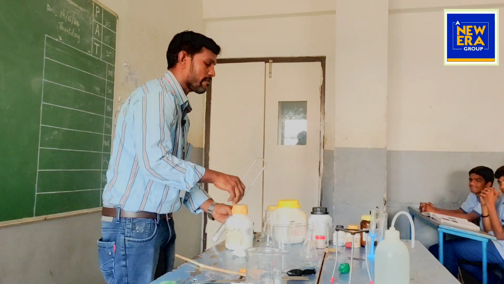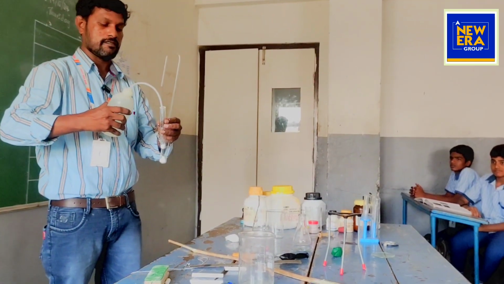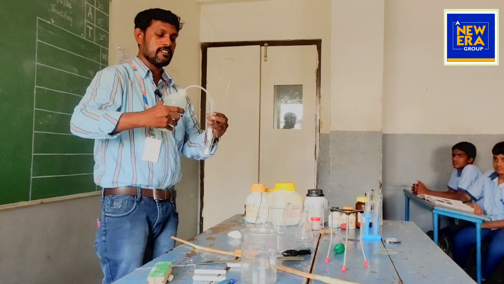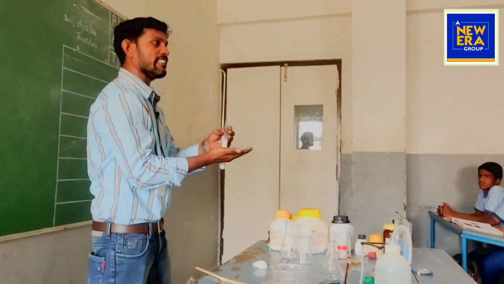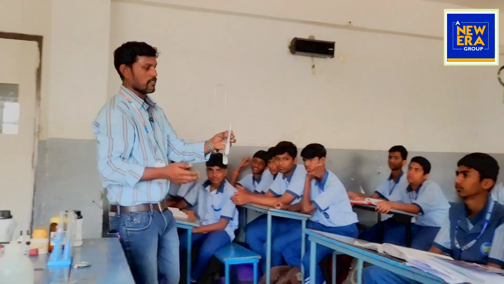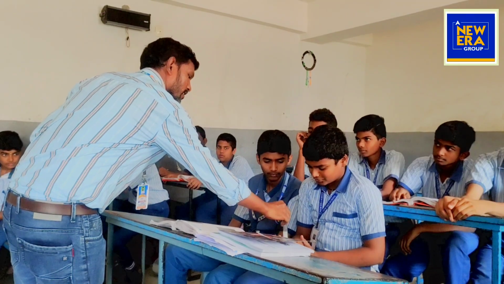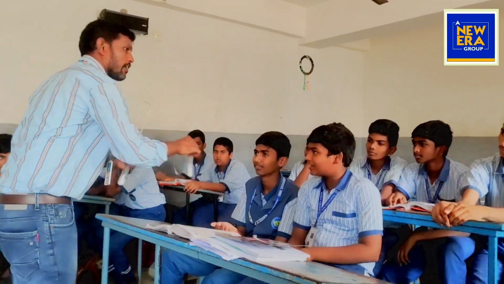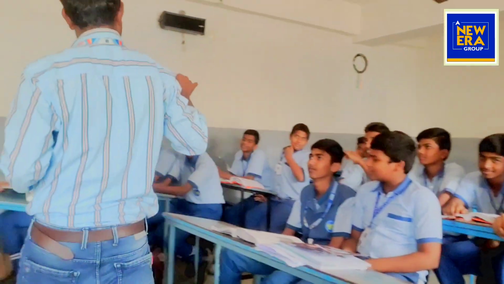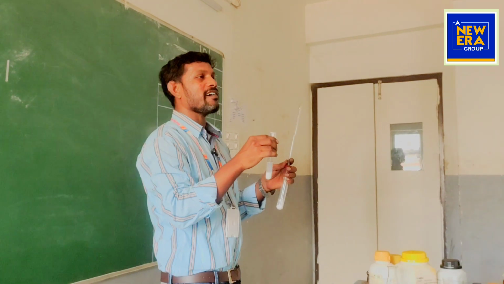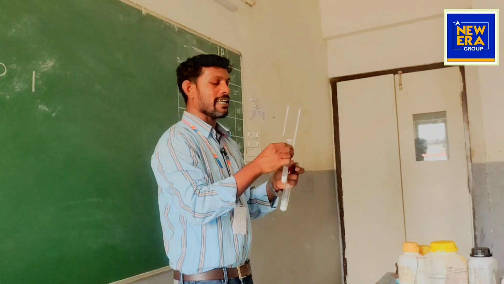Calcium oxide means quicklime. Quicklime dissolves in water. What is that reaction? Do you know that? It is an exothermic reaction. Do you observe anything? You can feel it very hot because of the exothermic reaction. Calcium hydroxide, slaked lime. Quicklime dissolves in water to produce slaked lime.